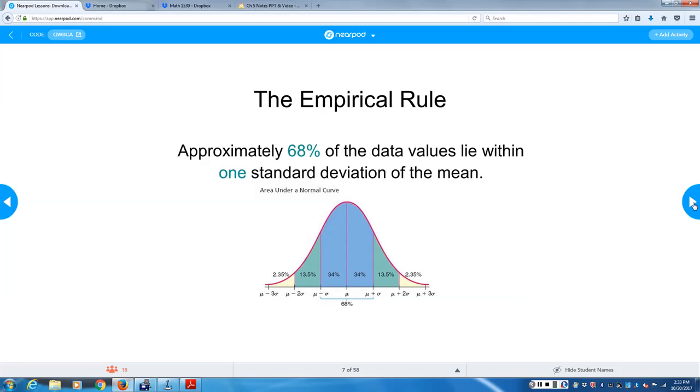So basically you expect about 2/3 or a little better than 2/3 of the random variable values to be within one standard deviation above or below the mean. If you take the mean minus one standard deviation and the mean plus one standard deviation, that will give you an interval where 68% of your possible values for x are going to be.